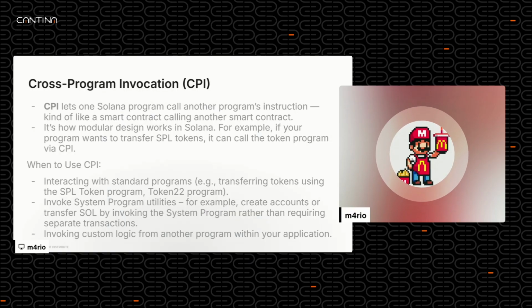You can also invoke some system program utilities like creating an account or transferring SOL by invoking the system program, and so on, or even invoking custom logic from another program that you wrote or someone else wrote. A very powerful feature, but also very dangerous, as we may see in the upcoming slides.